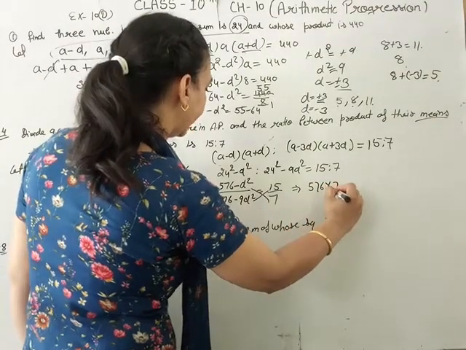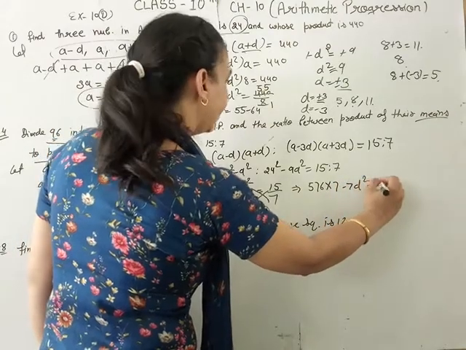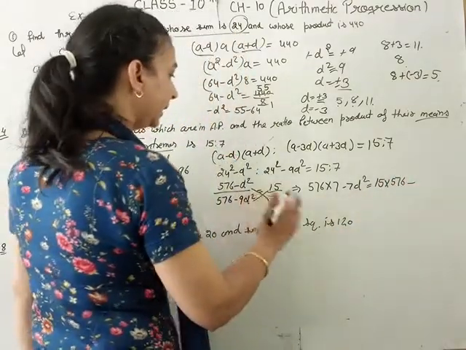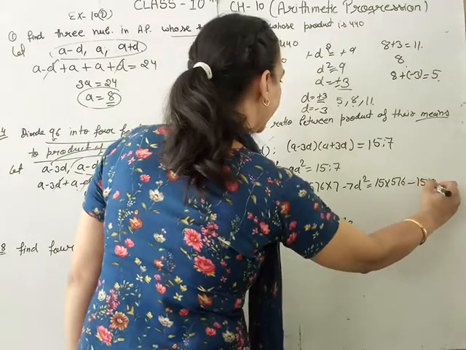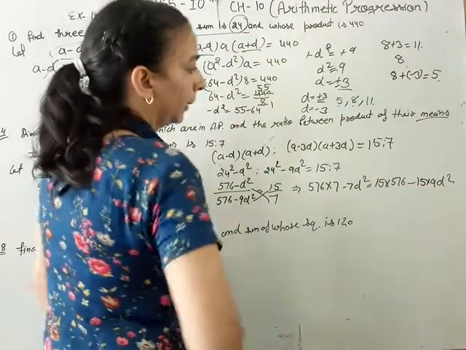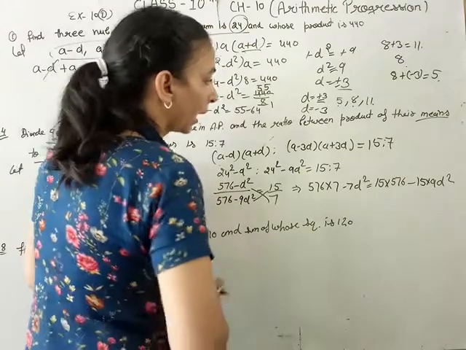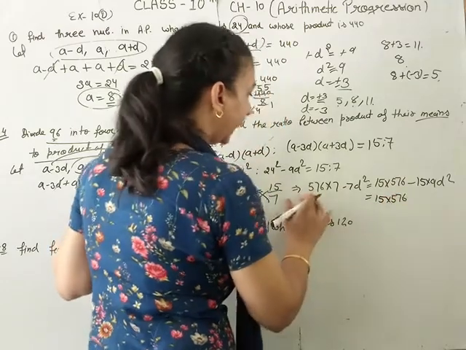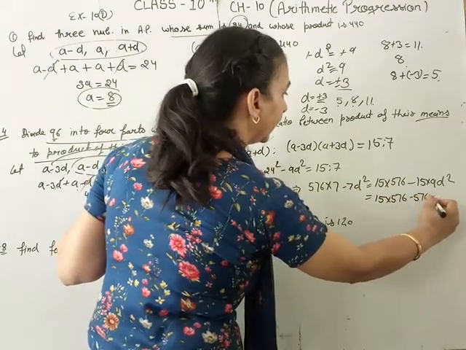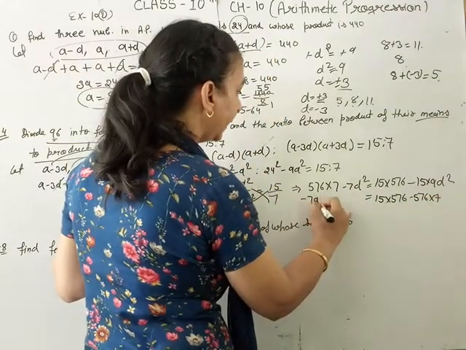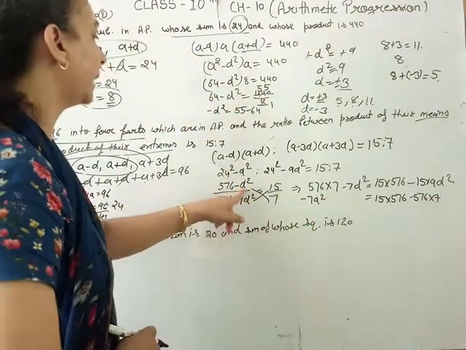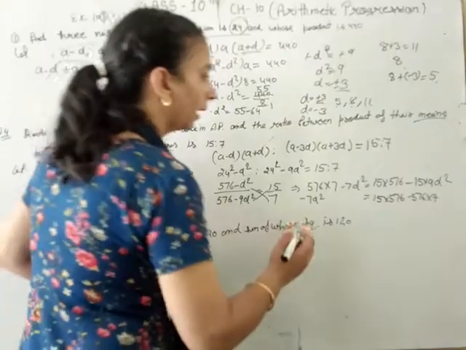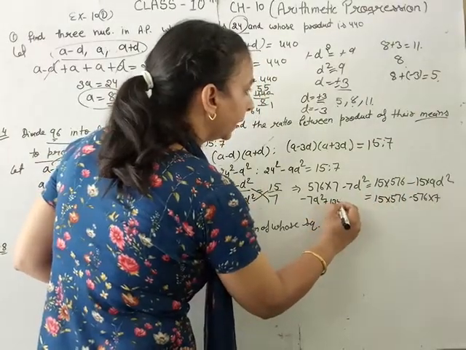576 multiply 7 minus 7D square, and 15 multiply 576 minus 15 multiply 9 and D square. Next we take 15 multiply 576 and minus 576 multiply 7, and this is minus 7D square equal to 135D square.